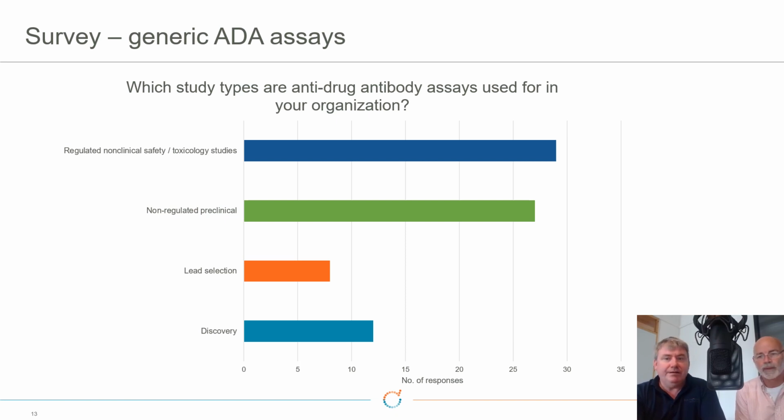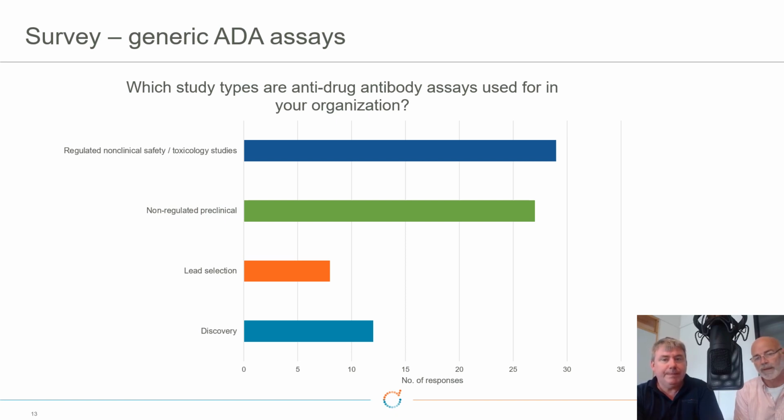But immunogenicity assays early in discovery can show you whether you may select the least immunogenic molecule, although obviously immunogenicity in animals is not always predictive of immunogenicity in clinical, but you can see really that people are using immunogenicity right through drug discovery and drug development.